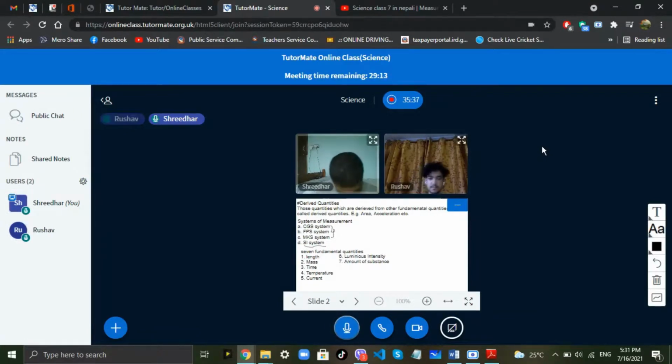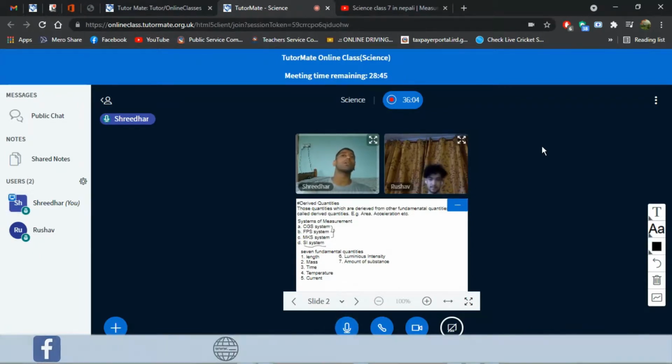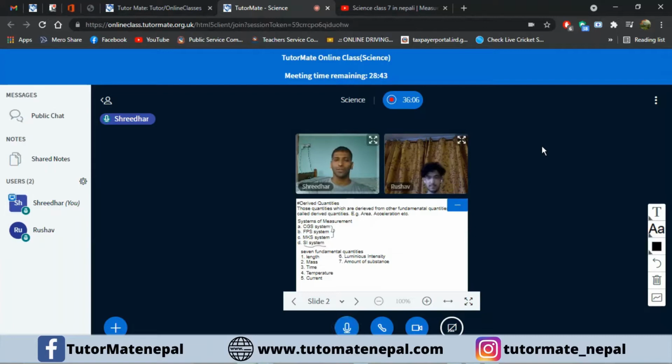Suppose length is measured in meter, so meter is the unit, or it can be measured in centimeter also. So centimeter, decimeter, decameter, mile. And if we look at the larger multiples of meter, then you can see light year also, or astronomical unit. We can use that unit to measure the distance between heavenly bodies, while on earth we can measure using mile and kilometers.